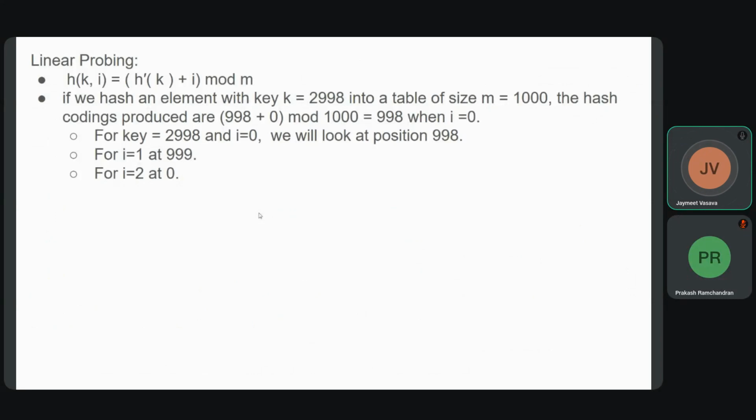For i equals 1, we get the position 999. And for i equals 2, we get the value 0. So these are the positions that we will be looking at. If for i equals 0 we didn't find it, we will look at 999, and at 999 if we didn't find it, we'll look at 0, and so on.